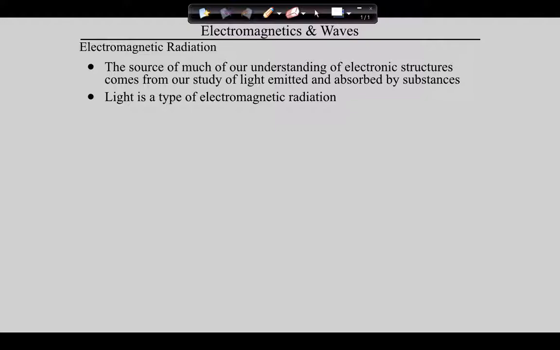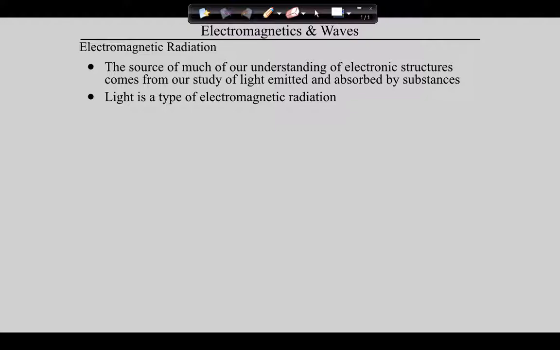We okay? So what is electromagnetic radiation? We're not going to get into this significantly, but it's got two components: an electrical component and a magnetic component. That's where electromagnetic radiation comes from.